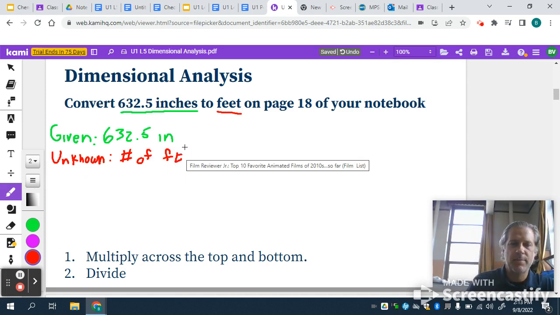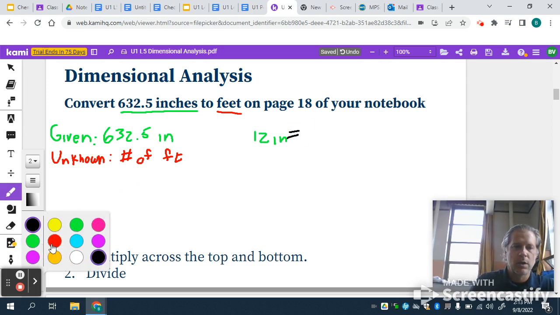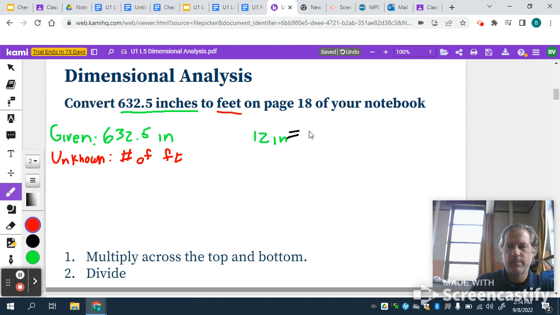Now, we just talked about the fact that we knew the relationship between inches and feet. We said that there are 12 inches equal to 1 foot.